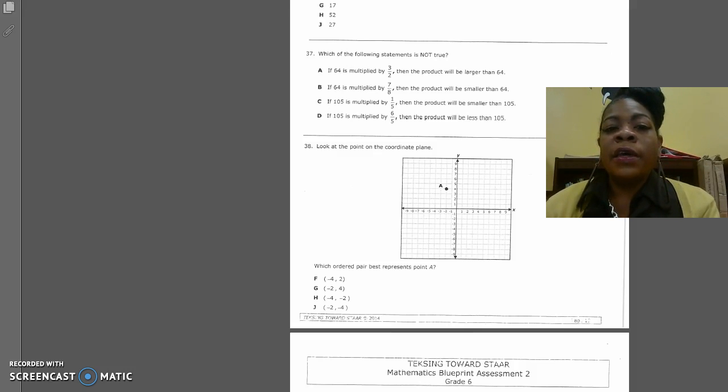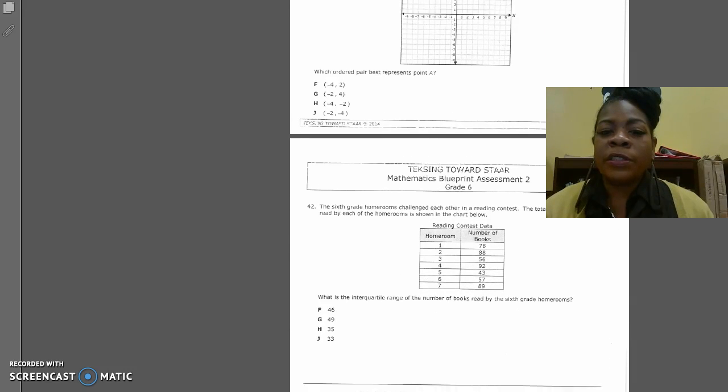D. If 105 is multiplied by 6/5, then the product will be less than 105. 38. Look at the point on the coordinate plane. Which ordered pair best represents point A?